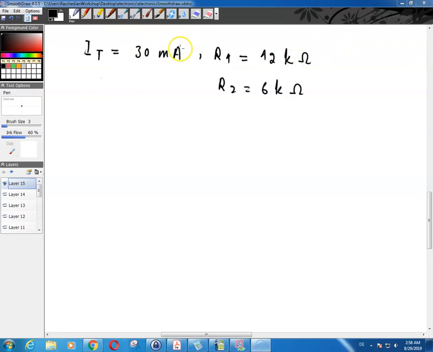So they kind of go together, meaning that if you have V equal to I times R, and your current is in milliamps, if you multiply it by some kilo ohm, then kilo and milli will cancel out, and you will be left with just volts.